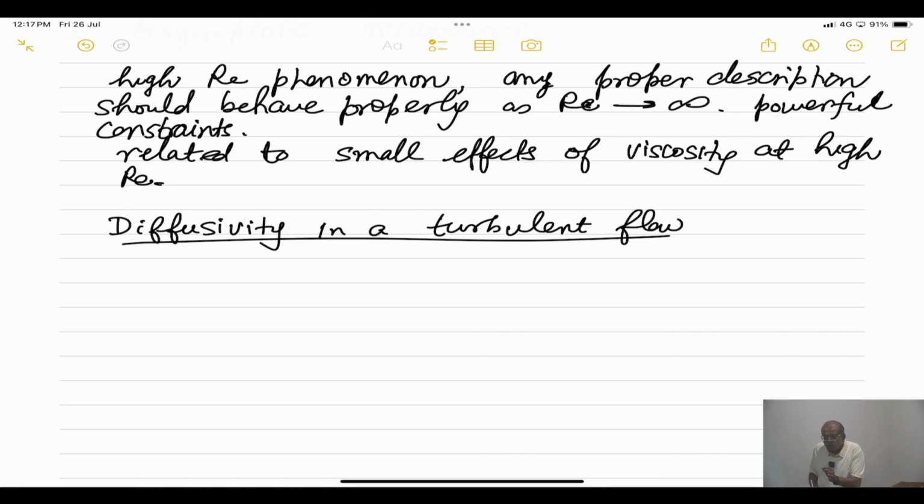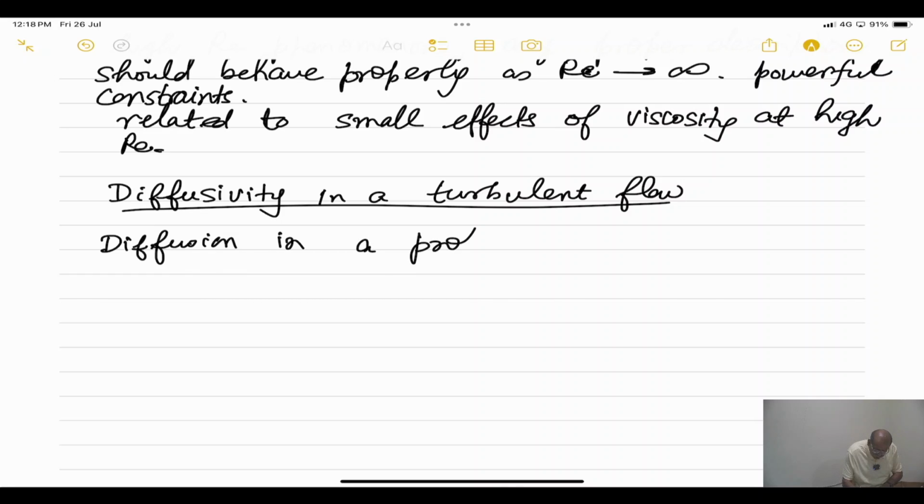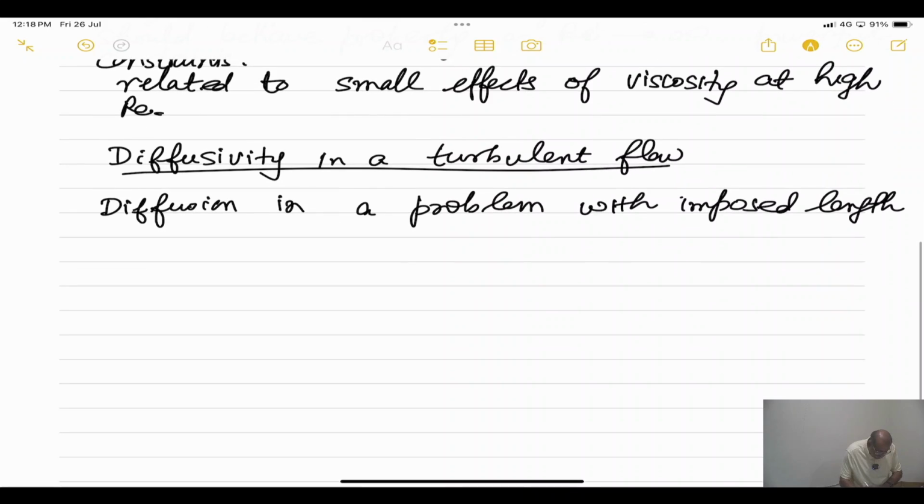I am taking two simple examples first, and these simple examples are there just to introduce these methods. In the first example, what one assumes is that we are looking at diffusion in a problem with an imposed length scale.